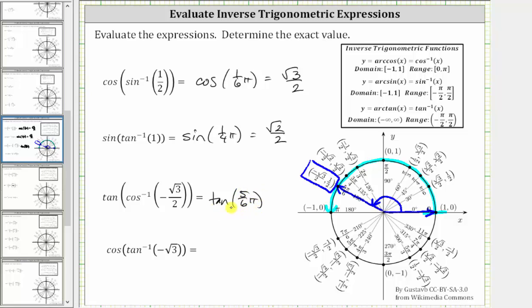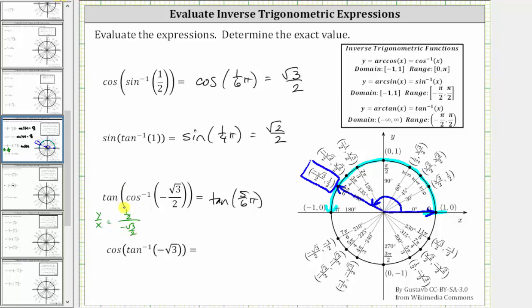And now we need to find the tangent function value of this angle. We already have the angle sketched in standard position, and therefore the tangent function value is equal to y divided by x. And y divided by x is equal to 1/2 divided by negative square root 3 over 2.